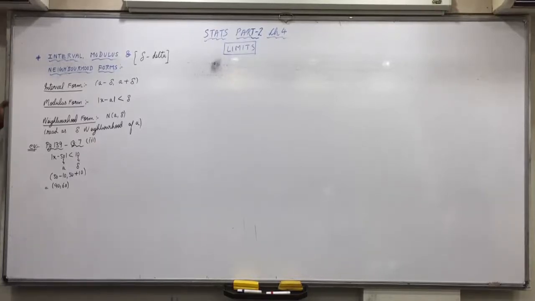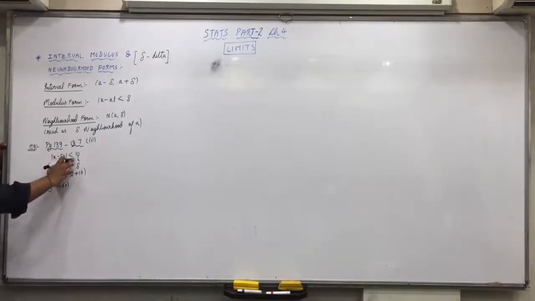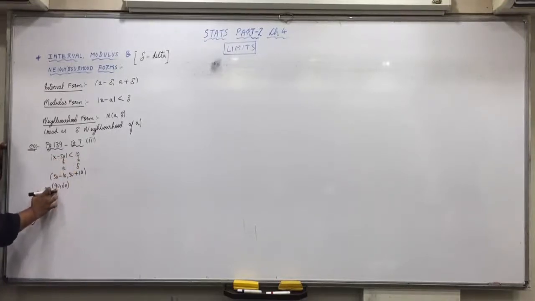You need not write that |x - 50| < 10 means it will be between -10 and 10, and then add 50 in all three places. You can apply this rule: here A is 50, delta is 10. So in interval form it will be between 50 - 10 = 40 and 50 + 10 = 60. Straight away you can write this.